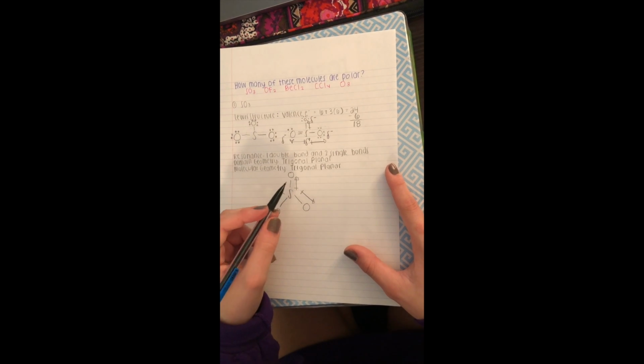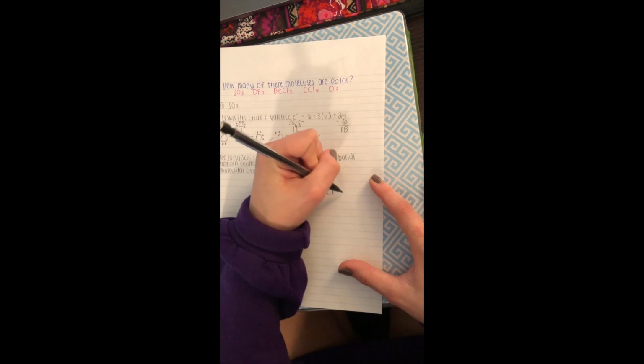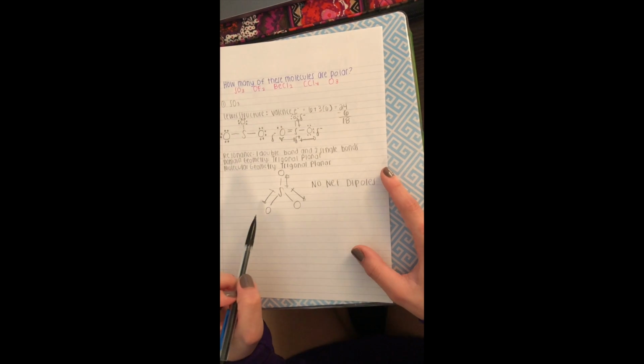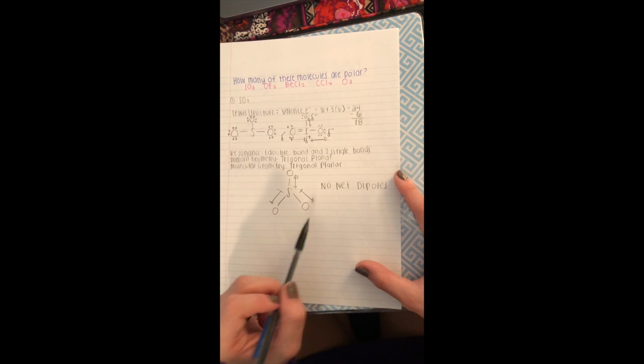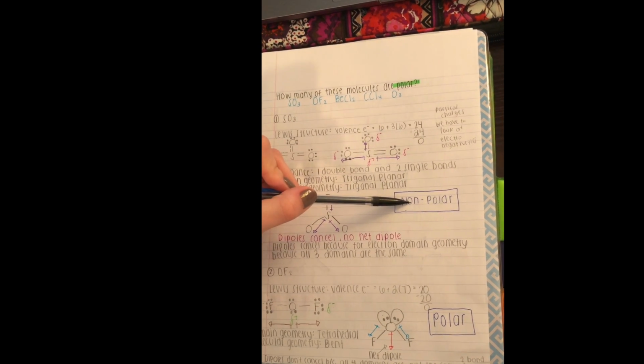In this structure, the dipoles cancel and there is no net dipole. The dipoles cancel because for electron domain geometry, all 3 domains are the same. So that means SO3 is nonpolar.